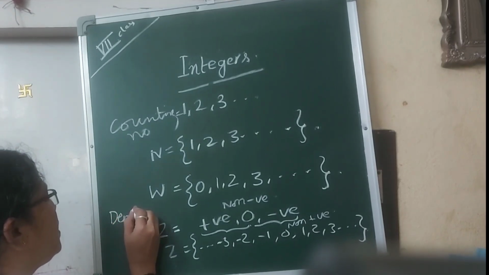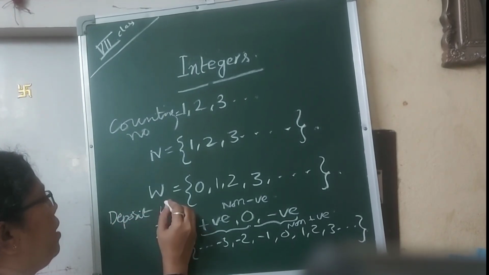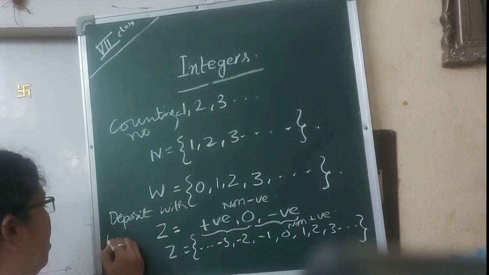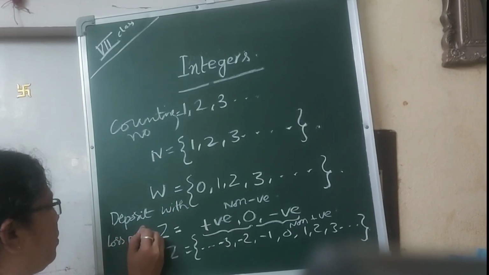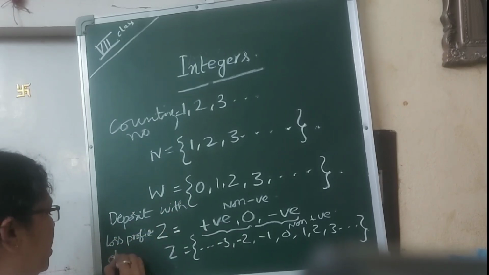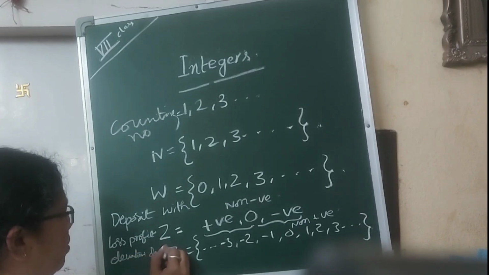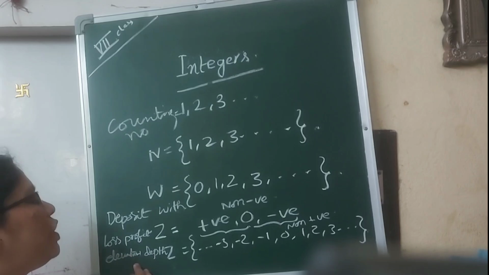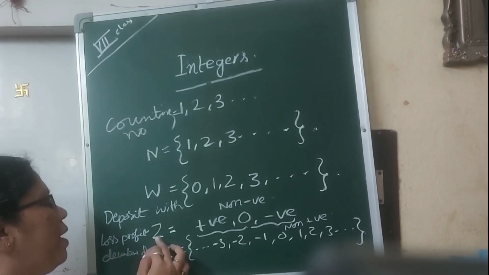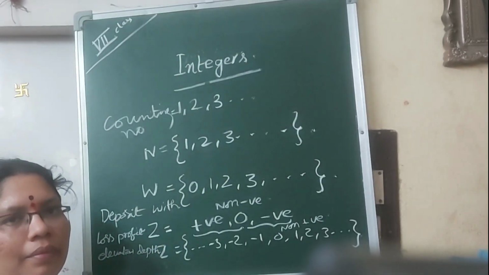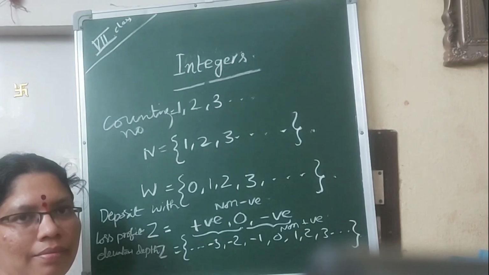Deposit, withdrawal, loss, profit, elevation, depth below the sea level. These are the situations where we require this number set. I think all of you got this. Thank you.